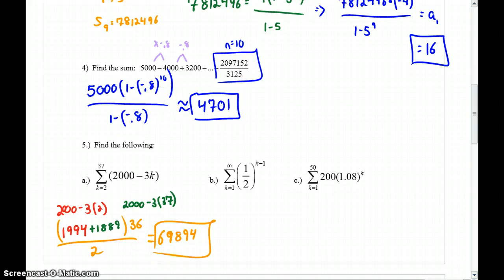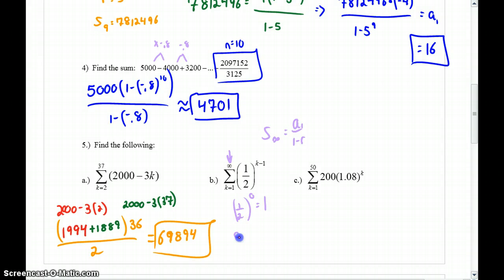For part B, this is an infinite sum. The infinite sum of a geometric series is a1, the first term, over 1 minus r. So the first term in this case is 1, because it's going to be 1/2 to the 1 minus 1, which is the 0th power, and that equals 1.